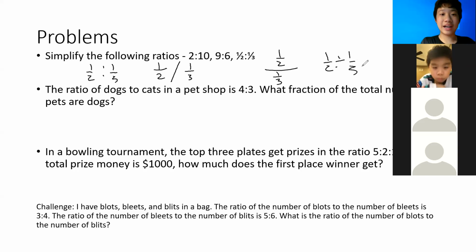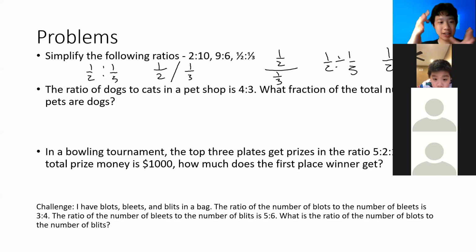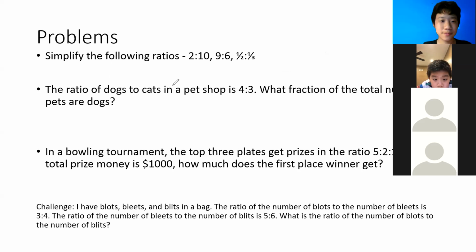And what does dividing by fractions mean? We can multiply by the reciprocal. So this is 1/2 times the reciprocal of 1/3, which is 3. This is just 3/2 or 3:2. Okay? So the trick here was to turn all of these into fractional form and then simplify them as you would a regular fraction.